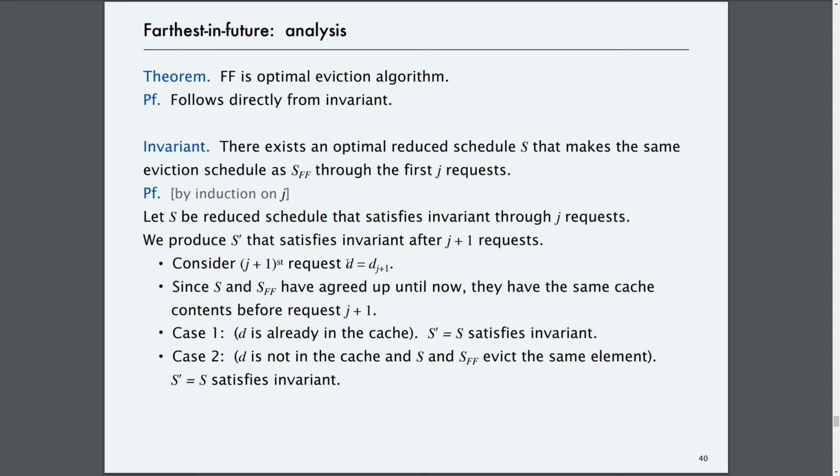And we are requesting item D. If it's already in the cache, then this S prime that we are constructing, which will satisfy the invariant from S, will just satisfy it directly.